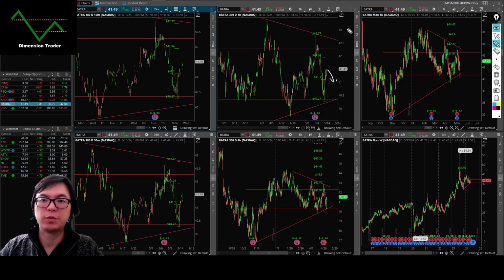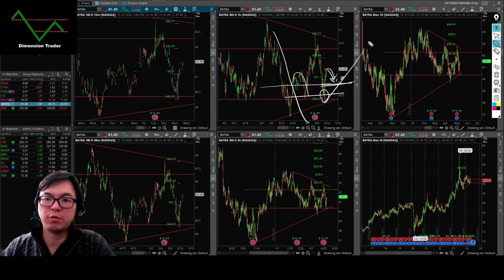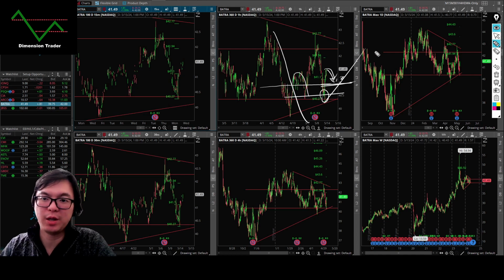Hopefully it comes back to where we have the support right here, because there is an obvious rejection around this area. When the pricing broke the trend line, it came down to the support, and this is the second time testing, so we're expecting probably a third test to create a higher angle of the trend line.